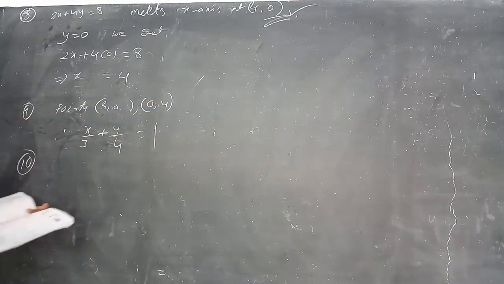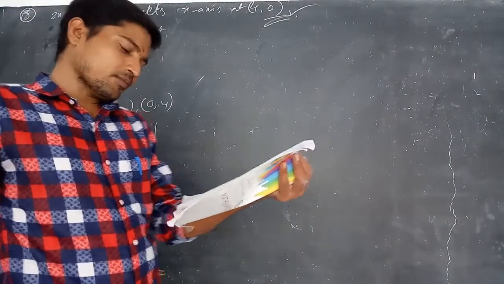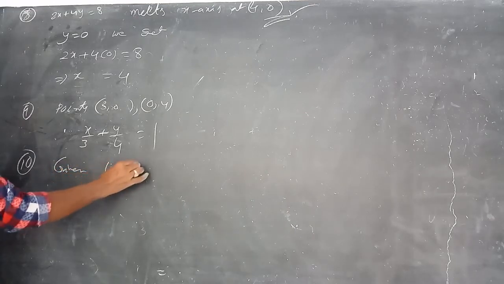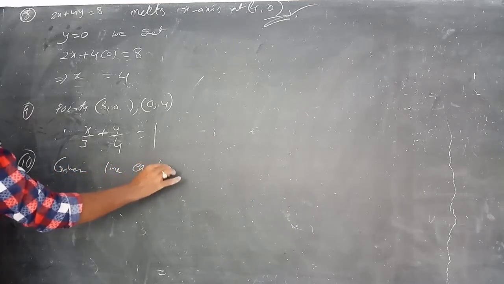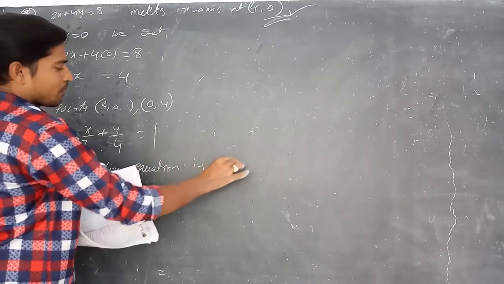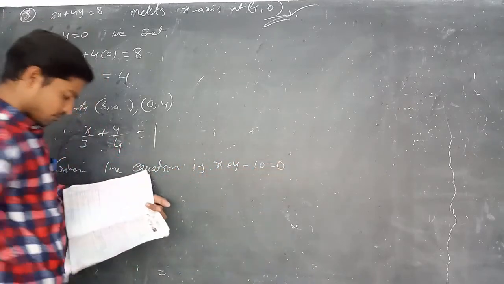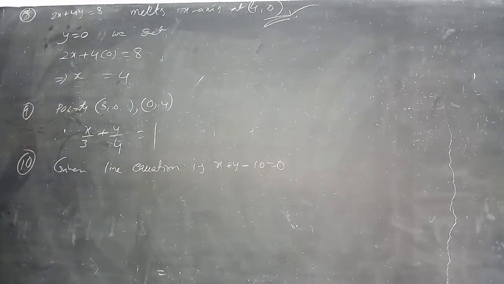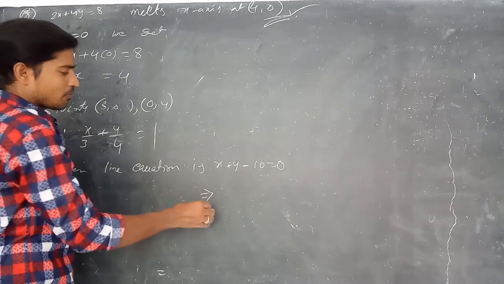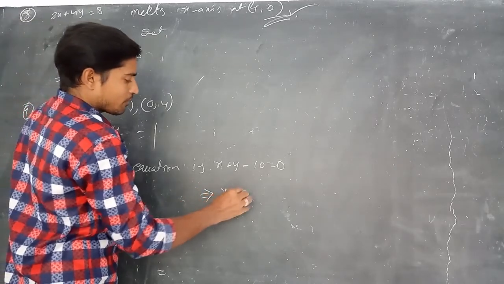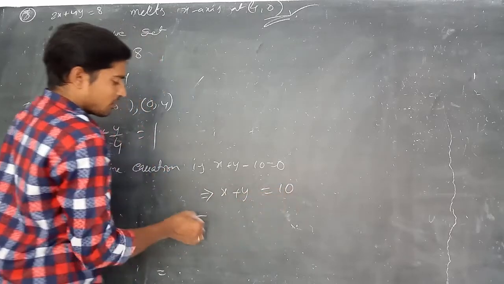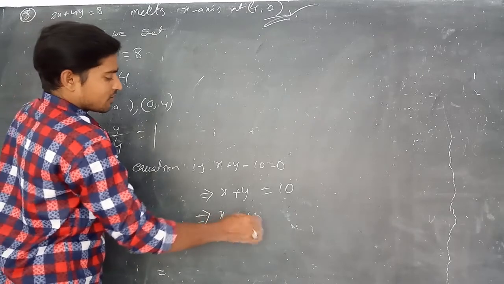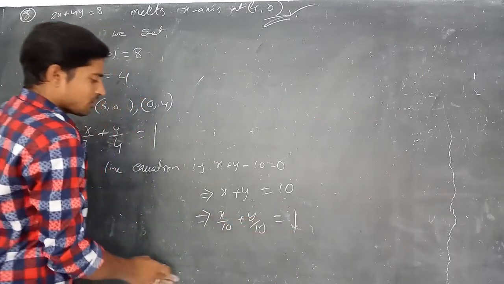Next, 10th one. The sum of the intercepts of a line. Given line equation is x plus y minus 10 equal to 0. Right? Sum of the intercepts. This can be written as x plus y equal to 10 and divide both sides by 10, x by 10 plus y by 10 equal to 1.